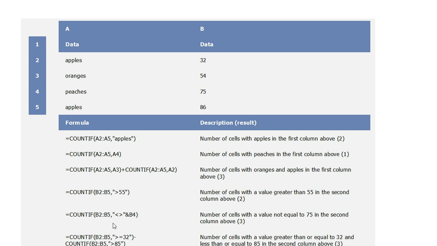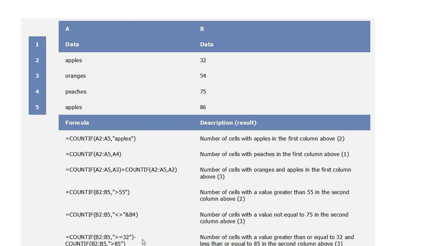Let's go to the last one. Count the number of values that are greater or equal to 32. 32 is equal to 32, so we count it as 1. Those that are greater than 32, that one, and that one, and that one. So we have 1, 2, 3, 4.